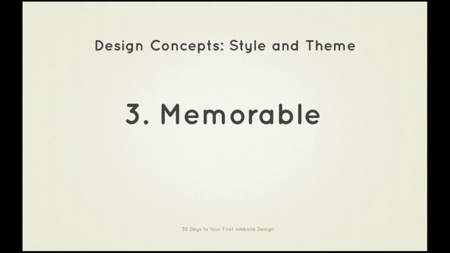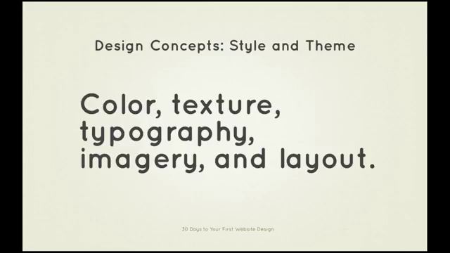Now let's break style down a little further, just so we know what we're dealing with. After all, we're going to have to decide upon our own style for the corporate website we're designing. So how do we control the style of our design? Well, we do it with the component elements such as color, texture, typography, imagery, and layout. Color, as we've already touched upon with light and dark, is an easy way to trigger an emotive response from the user.